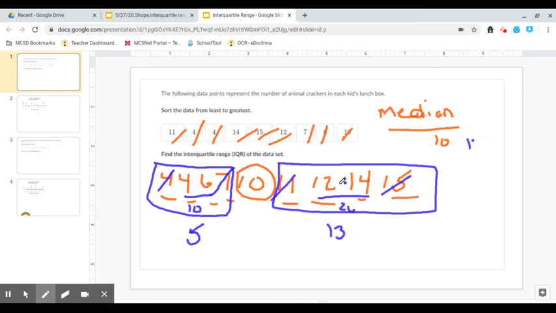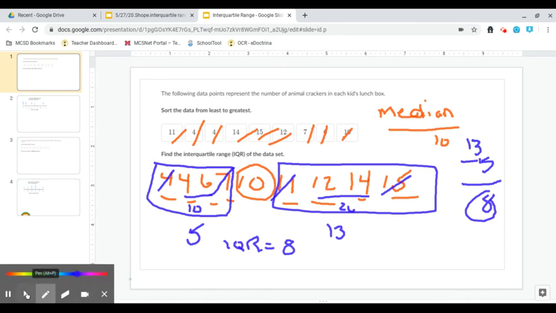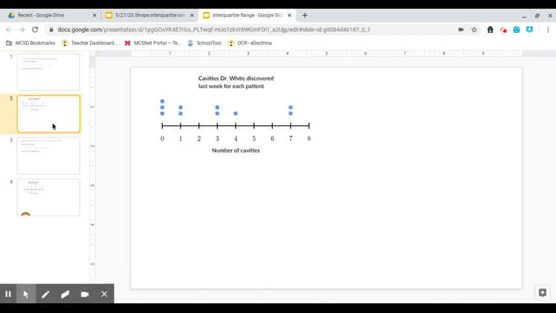This is the lower quartile and this is the upper quartile, which you're going to learn a little bit later. So I take 13 minus 5 and I get 8. So my interquartile range is 8, or my IQR equals 8.